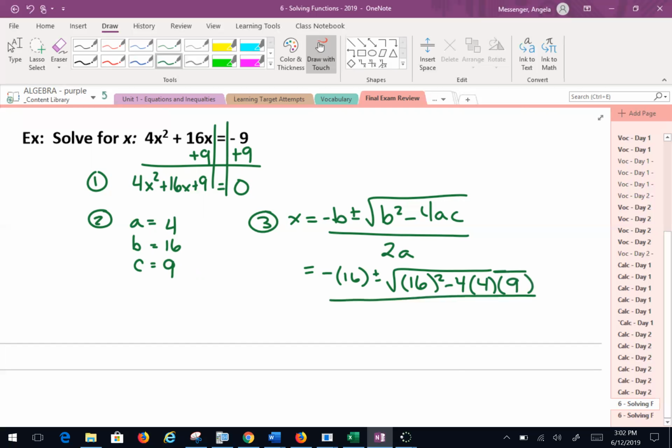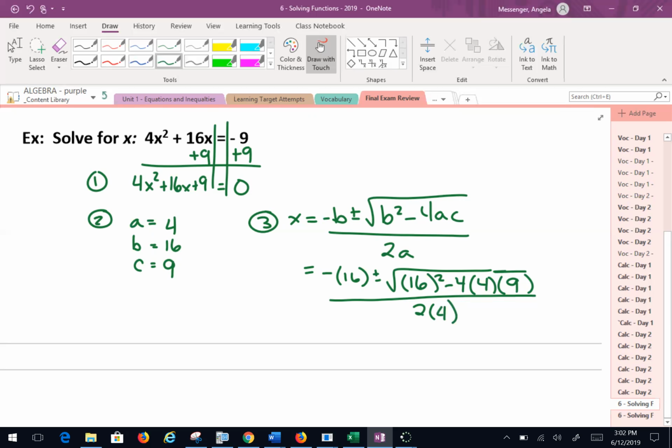Weird thing also, put the fraction over the whole thing, not just part of it. And then 2 times, either adding or subtracting. You have to do both. Remember, how many answers are we usually going to get? 2, okay? And then what's going to go in this last parentheses? 4.